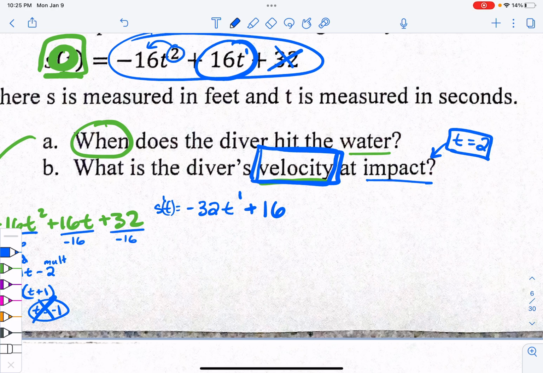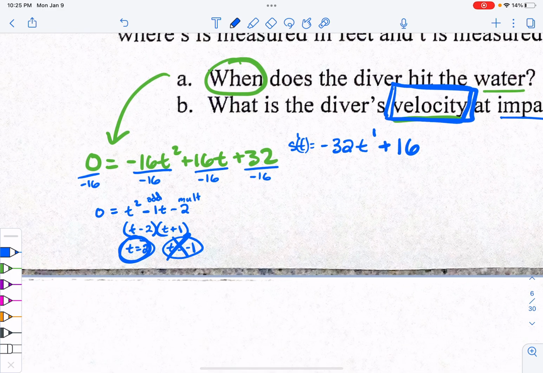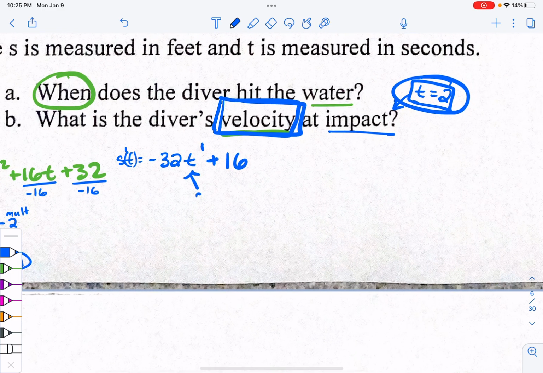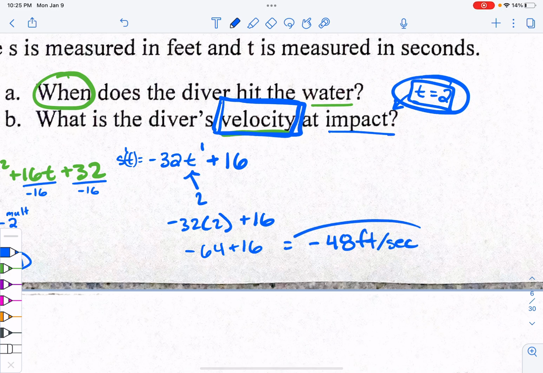I want to know at impact, which means at a time of 2, because that's what we found impact to be. I'm going to plug 2 in here. Negative 32 times 2 plus 16 is negative 64 plus 16, which equals negative 48 feet per second. Velocity is a lot of times negative because we're falling toward the earth, a downward motion.